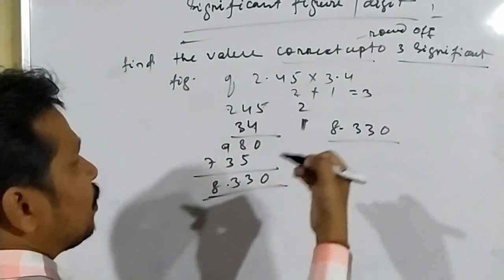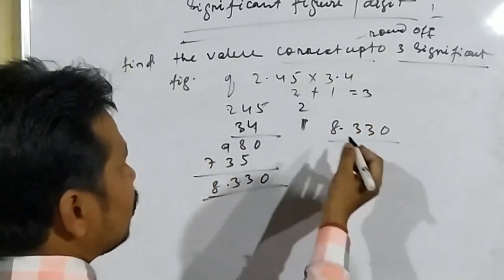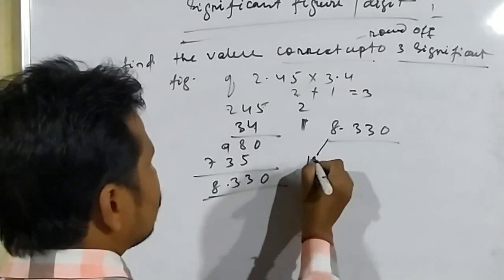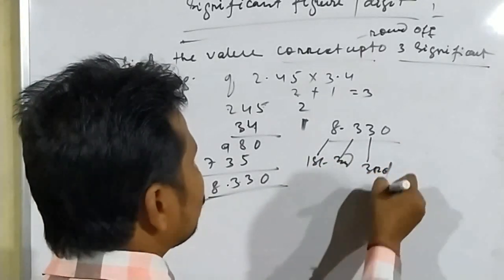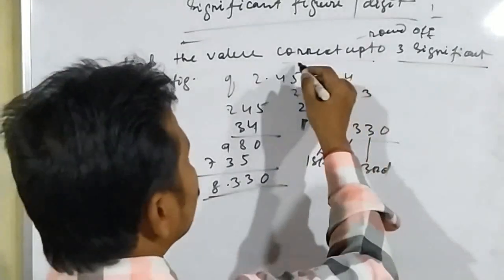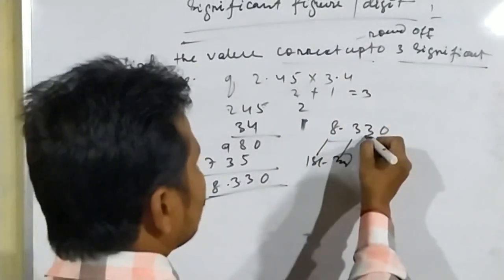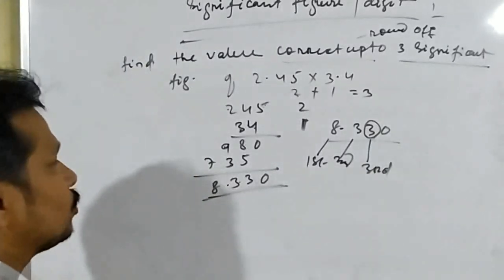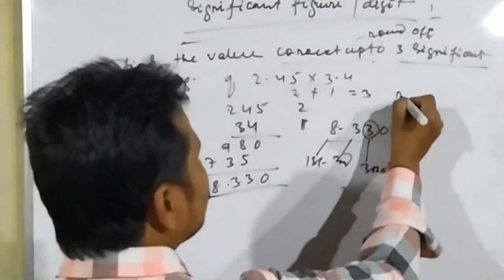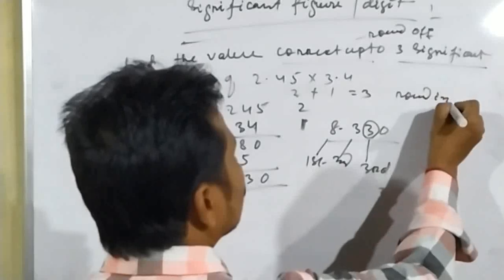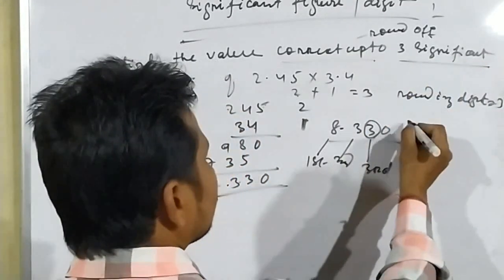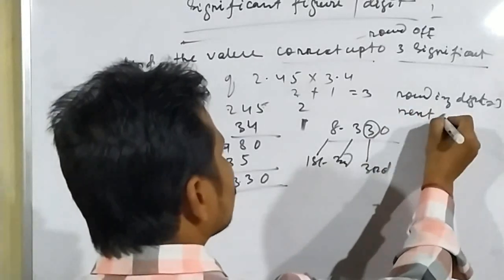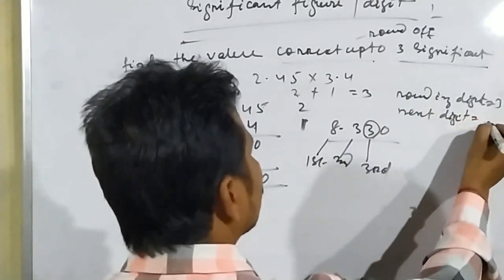So where are the three significant figures? Here is the first significant figure, this is the second significant figure, and this is the third significant figure. So to correct up to three significant figures means we have to round up this digit. So the rounding digit equals 3, and the next digit equals 0.